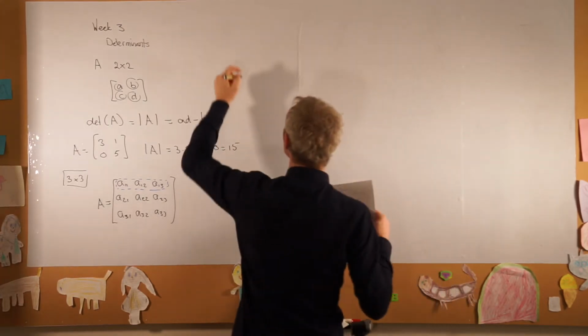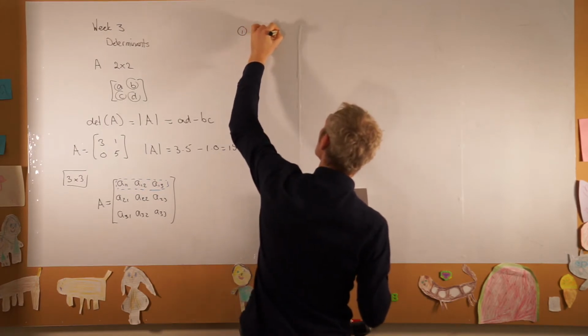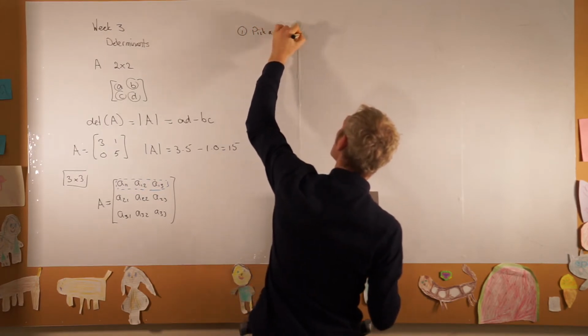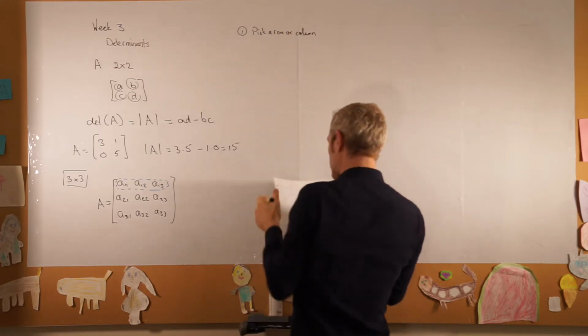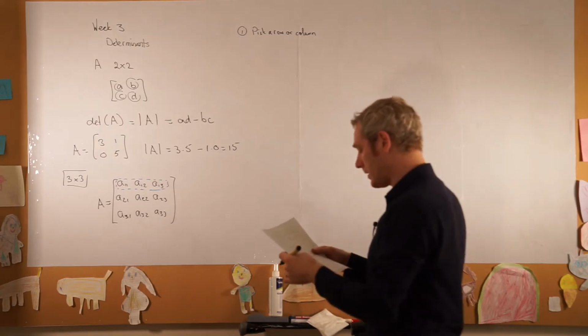So step 1 is pick a row or column. We need a new concept, which is the minor.